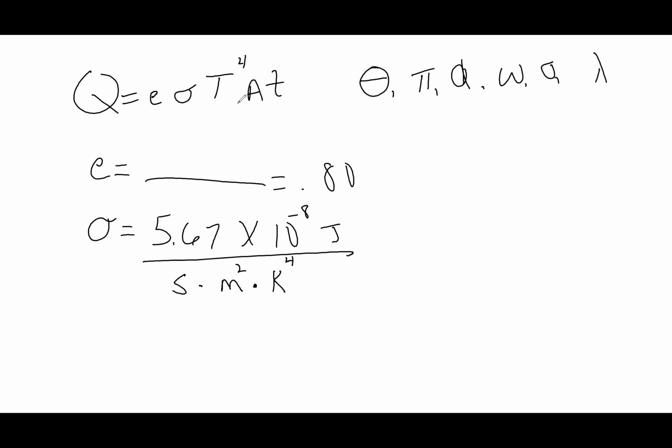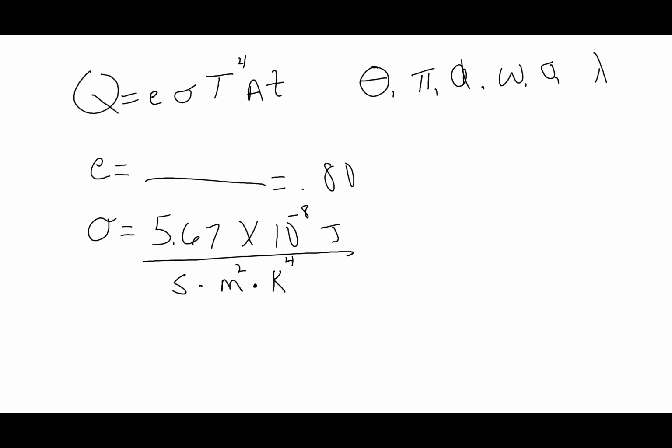We've already learned that for a sphere, the equation for surface area is 4 pi r squared. And then we have the time. So that is the Stefan-Boltzmann law.